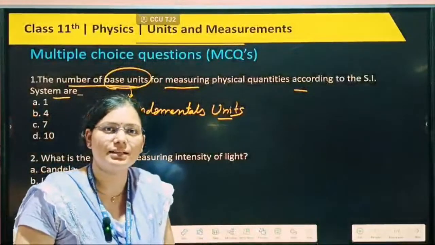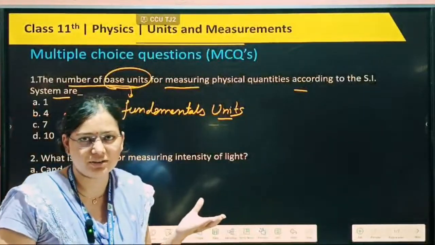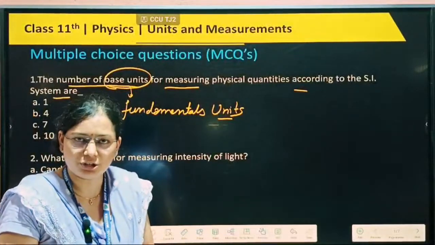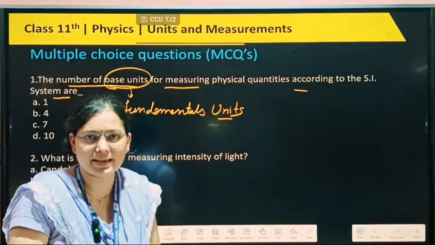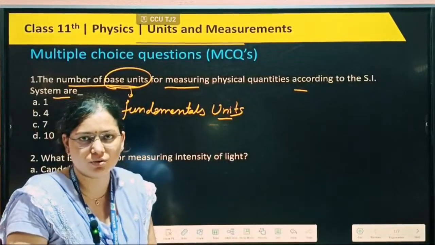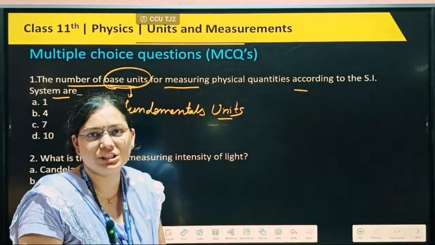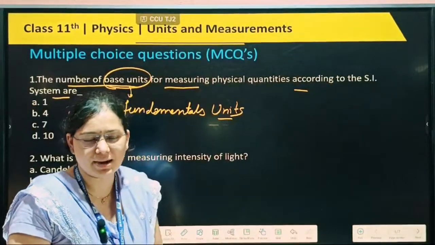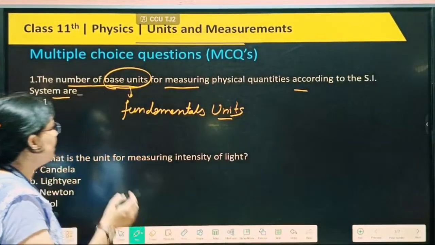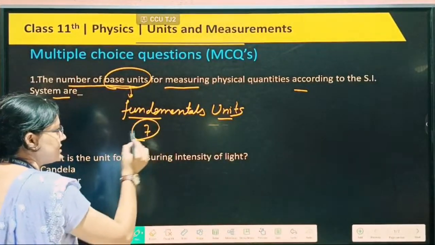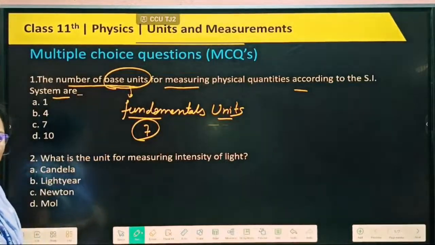Fundamentally, we have done that there are 7 types of units which in nature we can't derive from other units. That's why we call them base units, fundamental units. Our dimensional formula also comes from these fundamental units only. So how many units have we done? Remember, we have done 7 types of fundamental units.